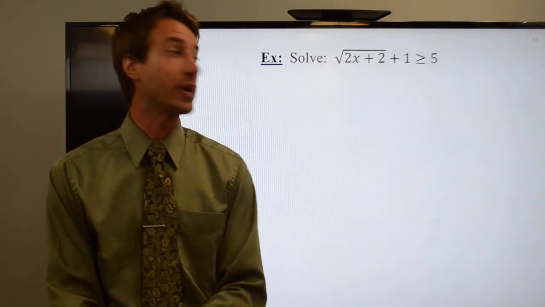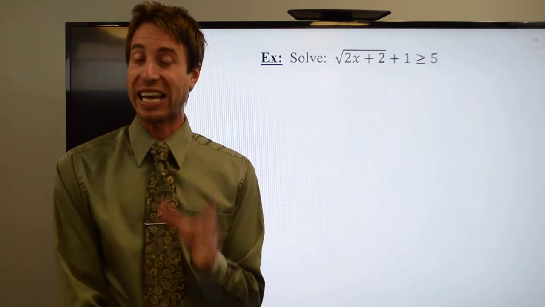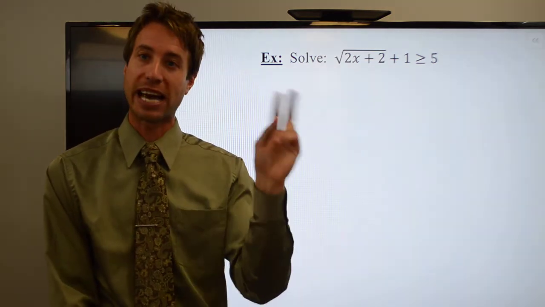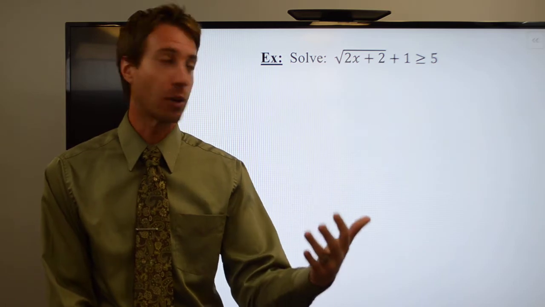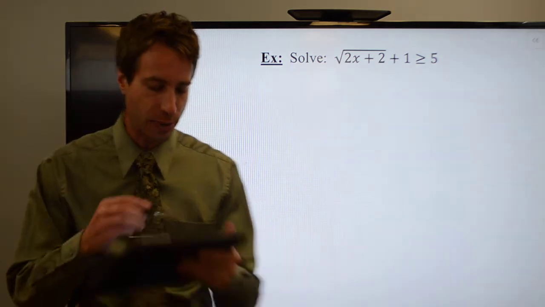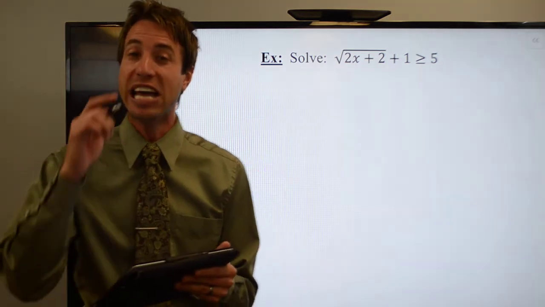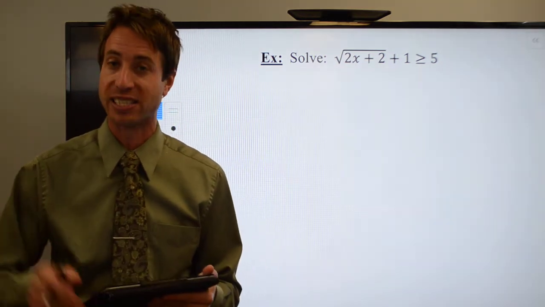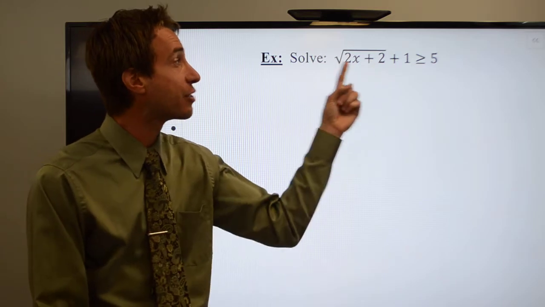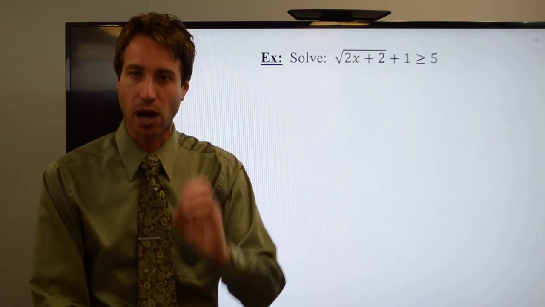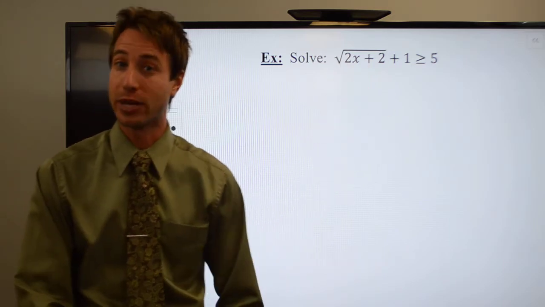And again, what we're doing here is solving inequalities that contain radicals, and we have to do it in 2 steps. We've already done one of these together, so we'll go through this one a little bit quicker. Remember, step 1, we need to eliminate or exclude any imaginary solutions. I do that by setting the radicand, what's under the radical, greater than or equal to 0.